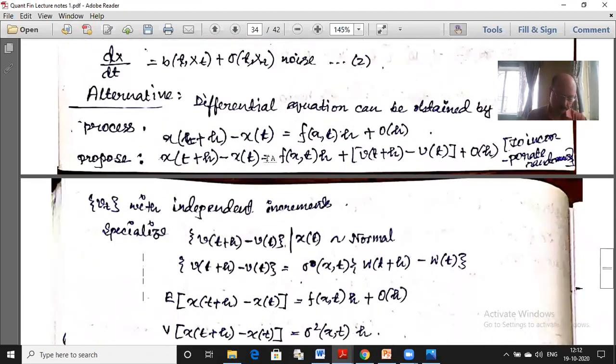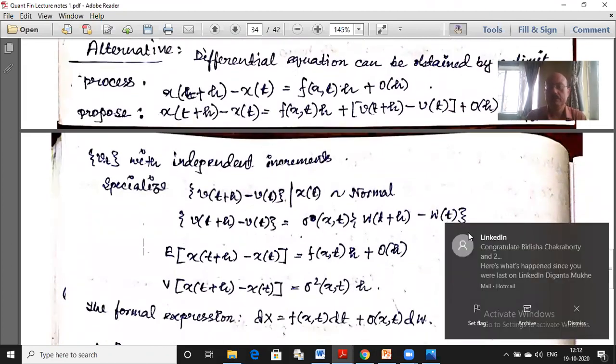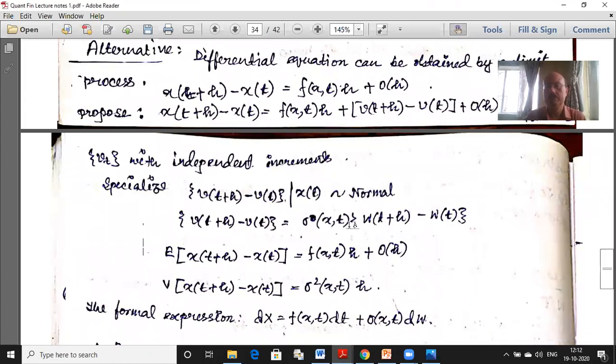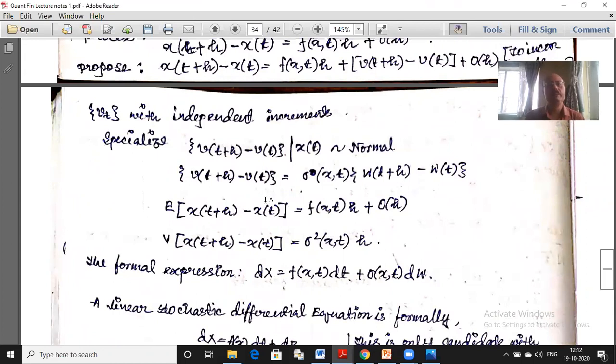So our candidate is like this: let us assume that the conditional distribution of the increment V(t+h) minus V(t), given x(t), follows a normal distribution, so that we can use the Brownian motion or the Wiener process.